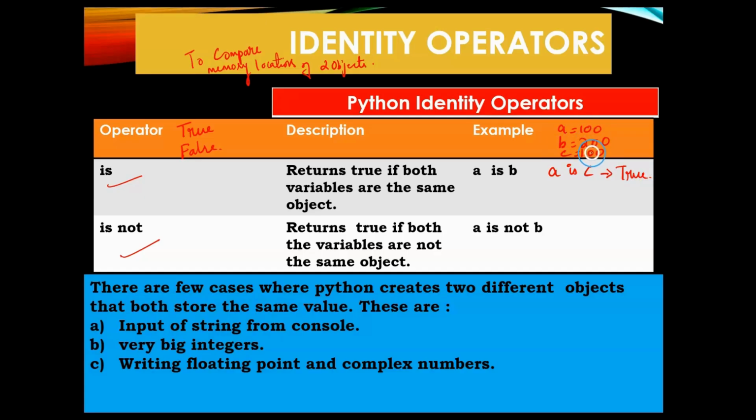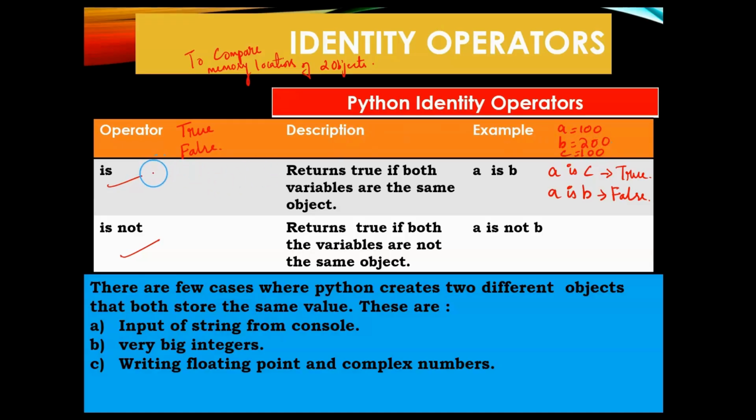If we are storing the same values, they will be stored in the same memory location. Now I'm comparing A is B. Automatically the answer is false here, because A is 100 and B is 200. Both are different numbers, and different numbers are stored in different memory locations.